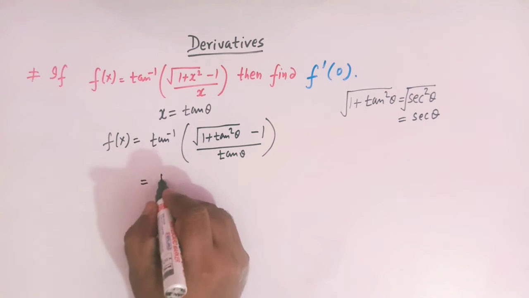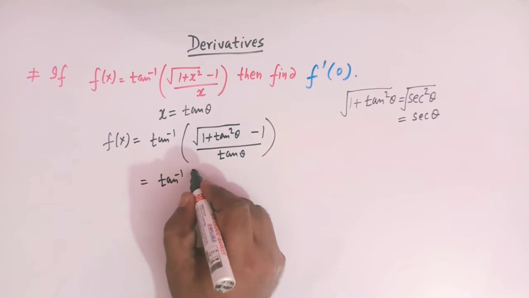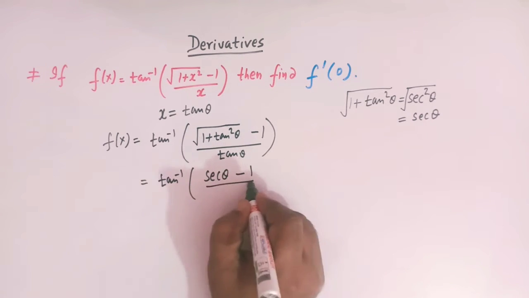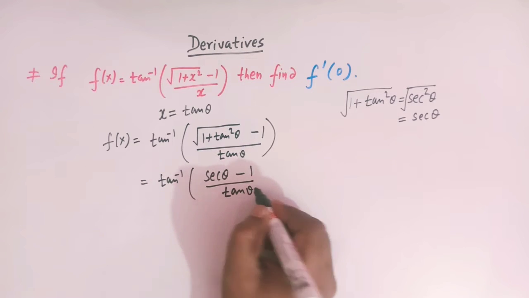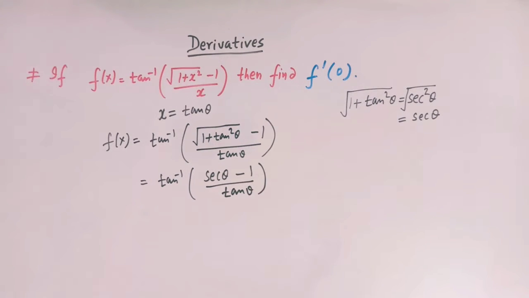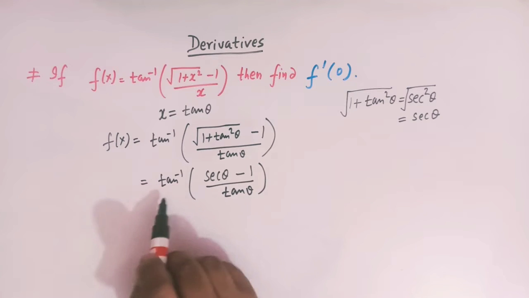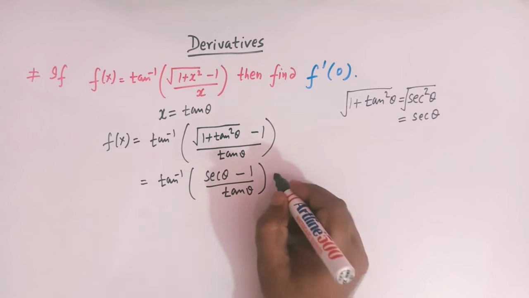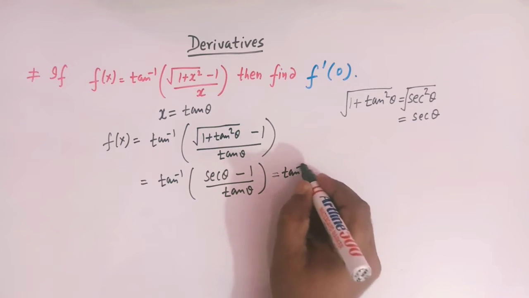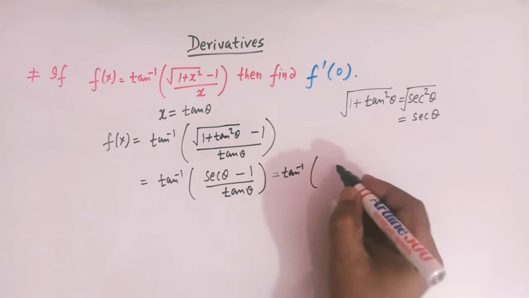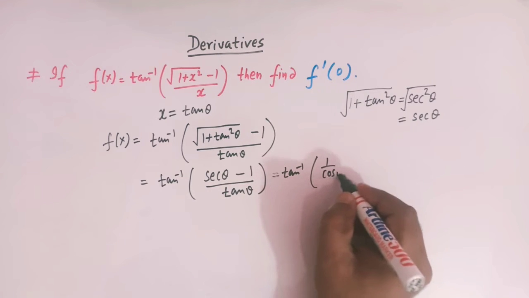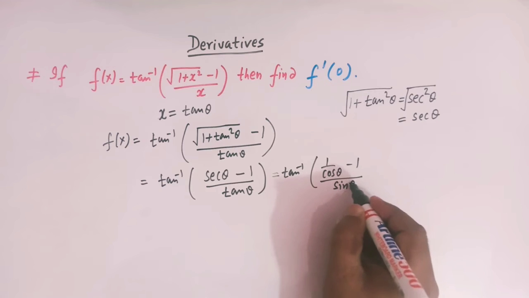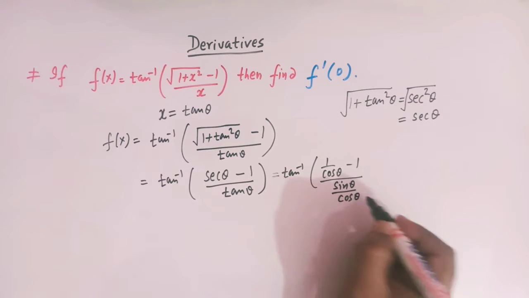So now we can write this expression as tan inverse of secant theta minus 1 divided by tan theta. Now this expression needs further simplification. So we'll replace sec theta by 1 over cos theta, and tan theta by sin theta over cos theta.